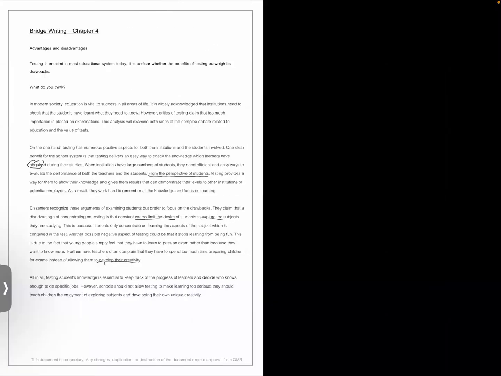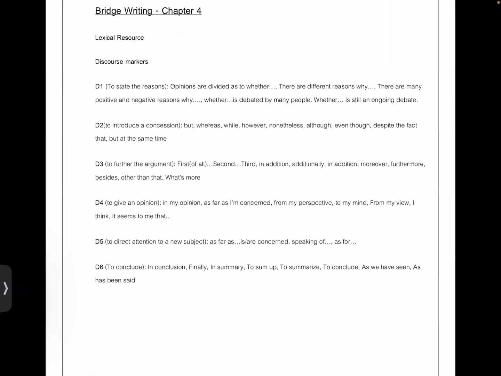The D stands for discourse marker. You can consider that useful phrases. So we're going to be looking at some of the useful phrases that you can use to make transition between sentences a little bit more effective.